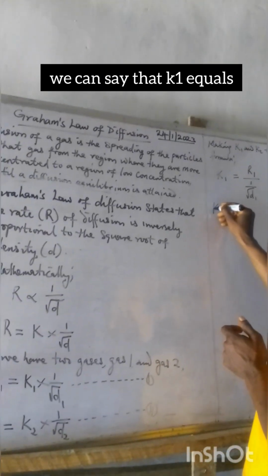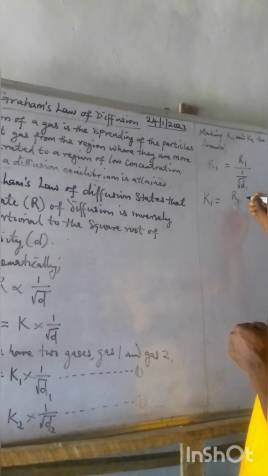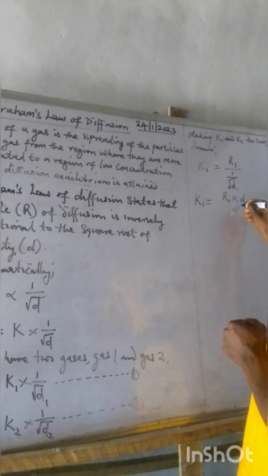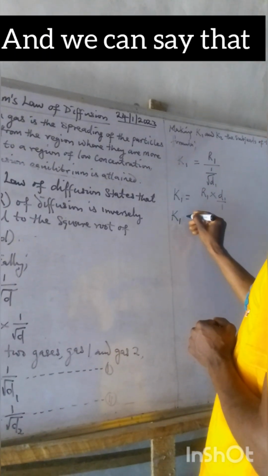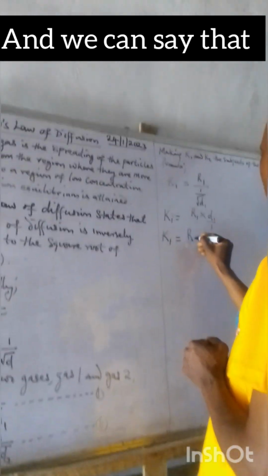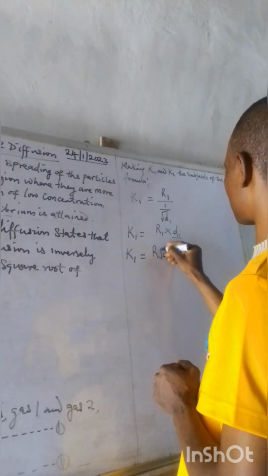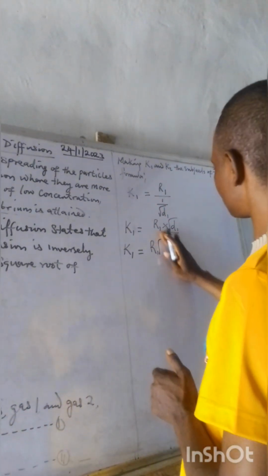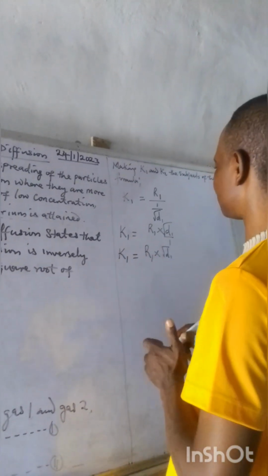And we can say that K1 equals R1 times square root of d1 over 1, that is, K1 equals R1 times square root of d1.